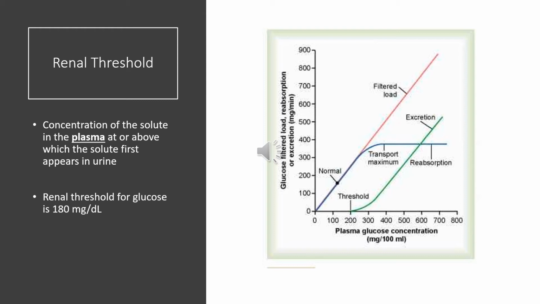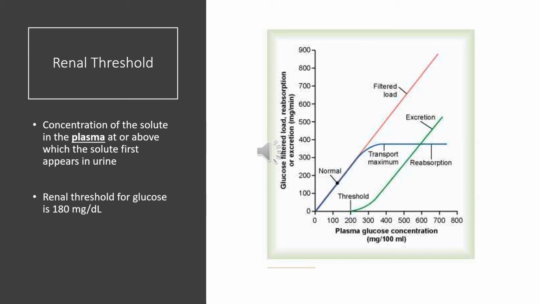Now let's see what renal threshold is. Renal threshold is the plasma concentration at which a substance first appears in urine. For every substance there is a transport maximum value. Likewise, it also has a threshold level in the blood plasma.